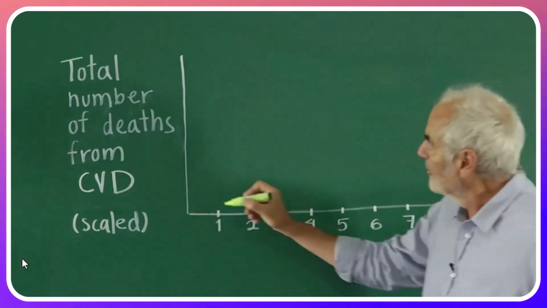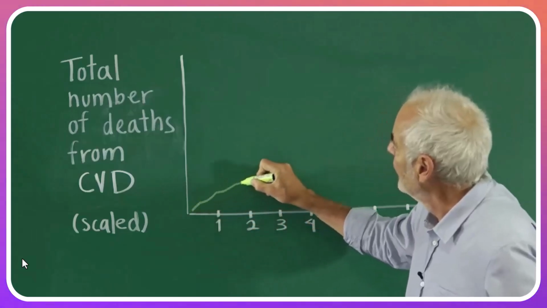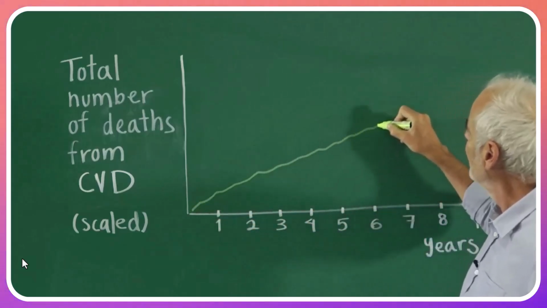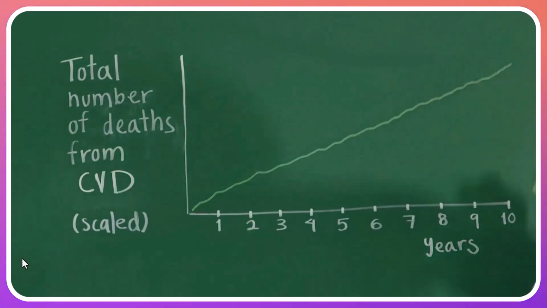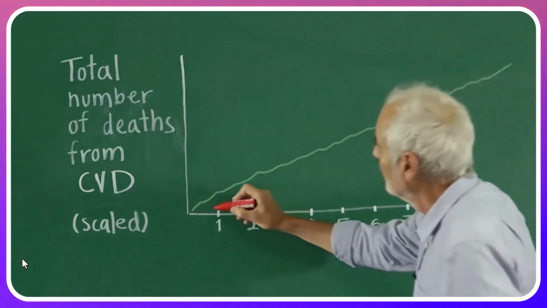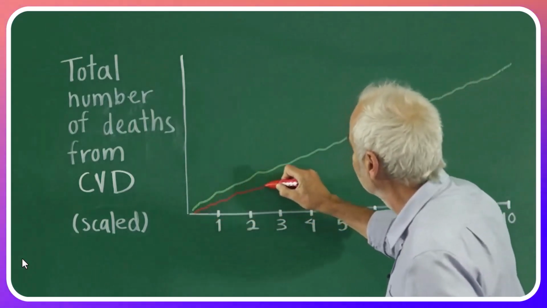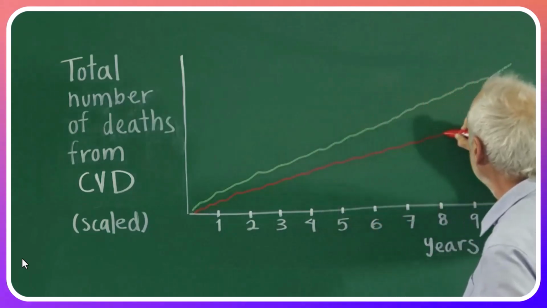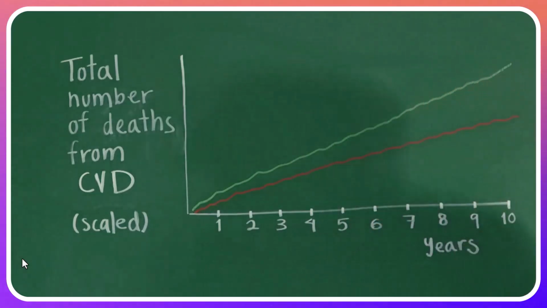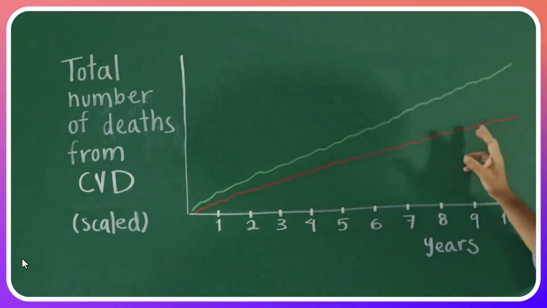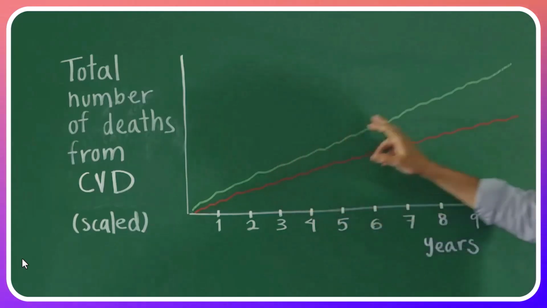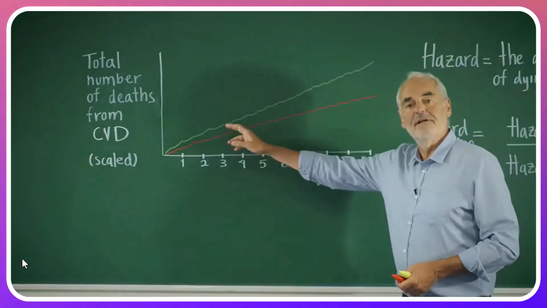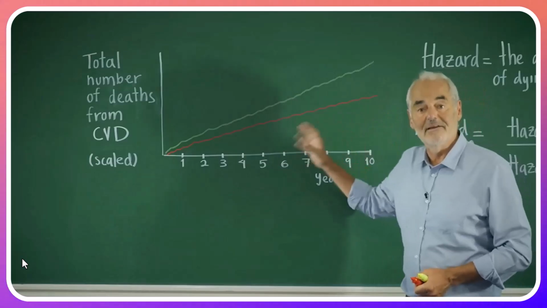And what we can plot is an image of the increasing number of heart attacks and strokes that led to the patient's death in the group that did not eat many chilies, and compare that with the increasing number of fatal heart attacks and strokes in the chili-eating group. And what we can see is that this total is increasing at a slower rate in the chili-eating group compared with the non-chili-eating group. The rate at which these totals are increasing is known as the hazard.